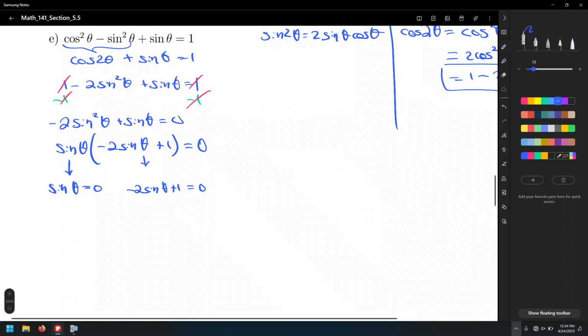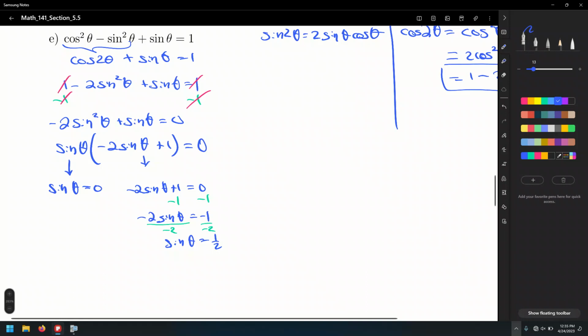So how about, okay, sine theta equals 0 is already sine theta equals 0. Okay, let's isolate the trigonometric function in the second equation. That's going to give us negative 2 sine theta equals negative 1. And dividing both sides by negative 2, that'll give us sine theta equals 1/2.